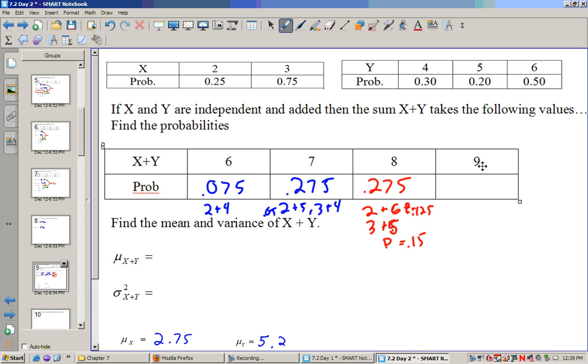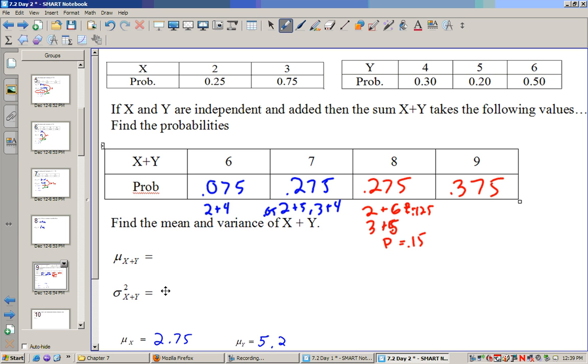All right, to get a 9, the only way I can get a 9 is 3 plus 6. So that's 0.75 times 0.5, which is 0.375. So this is my new probability distribution. Now let's find the mean and the standard deviation of that. So I'll go to my list and type in 6, 7, 8, 9 into L1. And my L2, I'll type in 0.075, 0.275, 0.275, and 0.375.